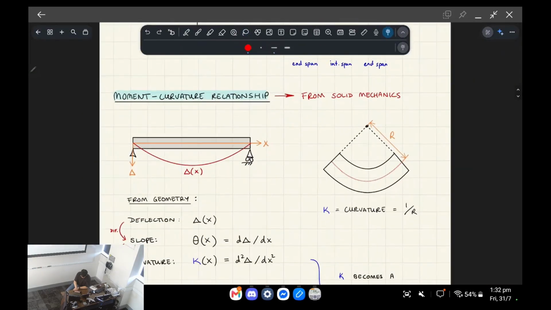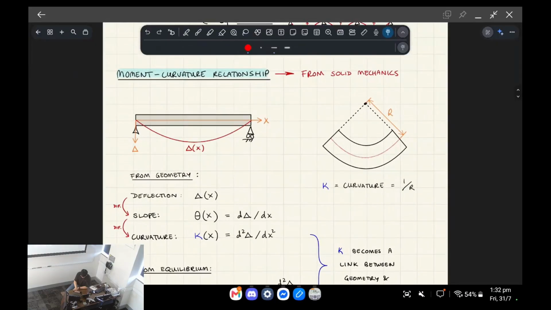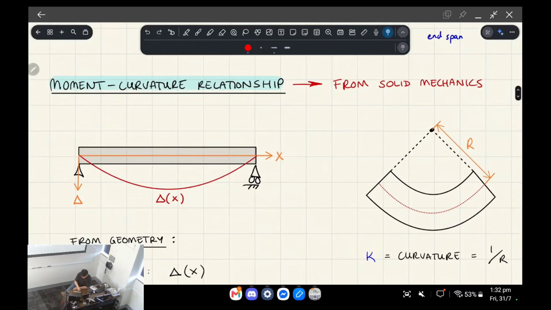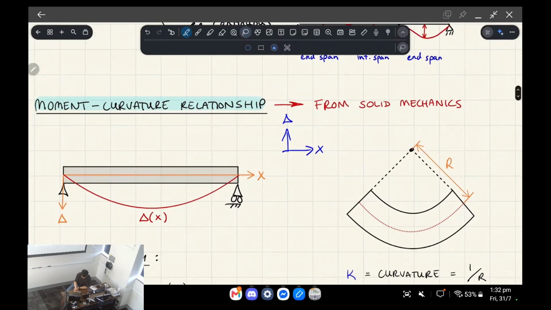Okay, so moment curvature relationship, this is just a little recap from solid mechanics of how we can get the deflection formula. If you imagine a beam and the distance you move along the beam is x, we're basically making an xy graph. Instead of y, let's just chuck that as deflection, and we're saying that the positive direction is going down.